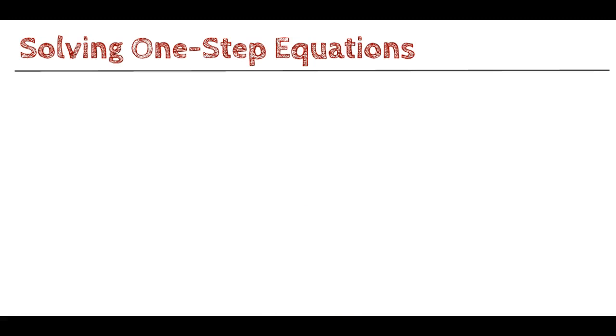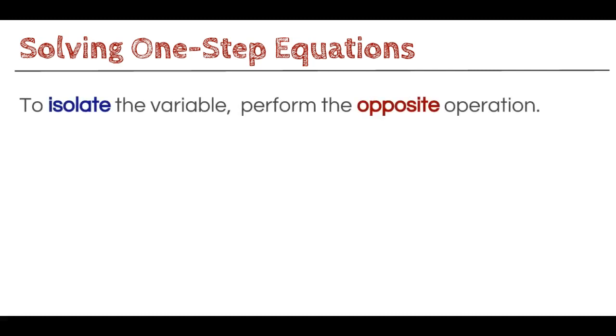Now we're going to go through 3 more examples to help us out. But before that, let's go over some more basics. In order to isolate a variable, to get it all by itself, I need to get rid of all of the other stuff that's around it, be it constant terms or coefficients. To do that, I always perform what we call the opposite operation.